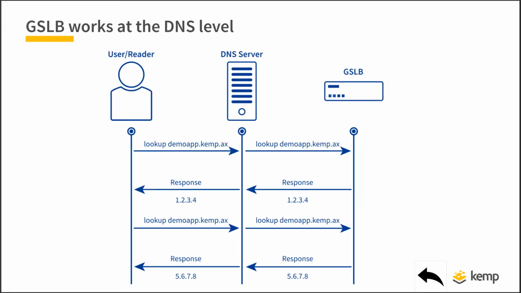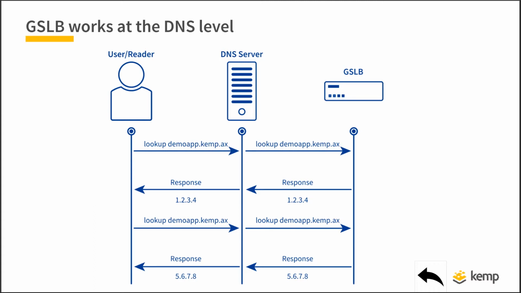So if we talk about what it means to operate at the DNS level, what's happening is that the FQDN or the namespace for your application is being delegated to the GSLB device. Again, you don't need to delegate the whole zone. You're just picking FQDN by FQDN which ones the GSLB device is going to be responsible for.